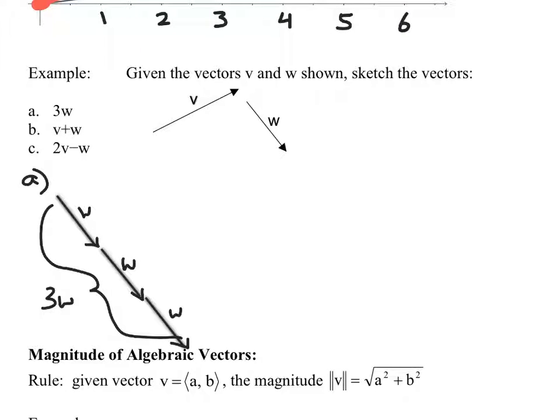The V plus W. So for B, we do the same thing. Take a V. That is not my line draw tool. Take a V. Drag that puppy over here, wherever I want.